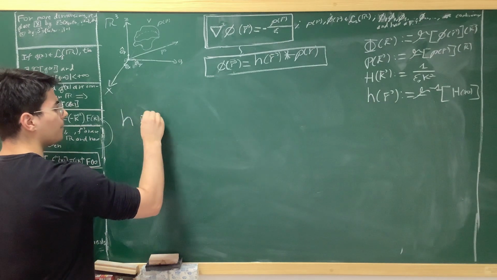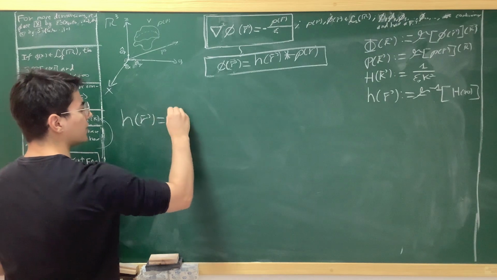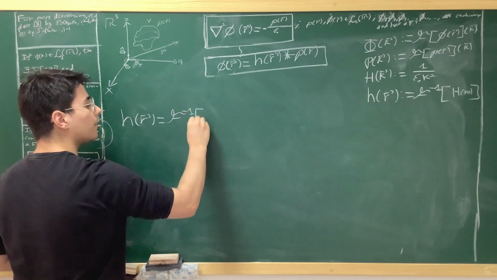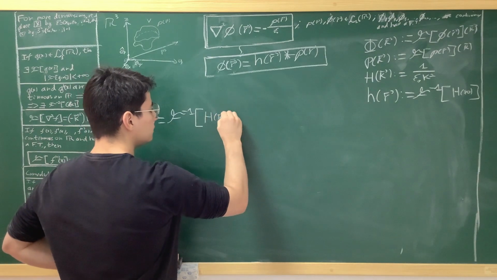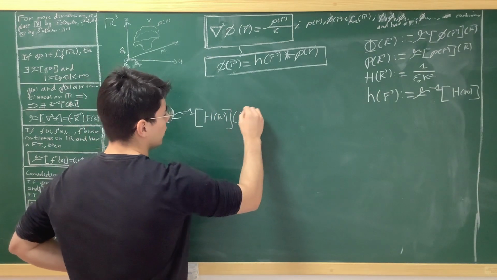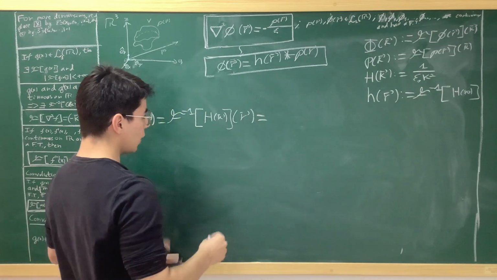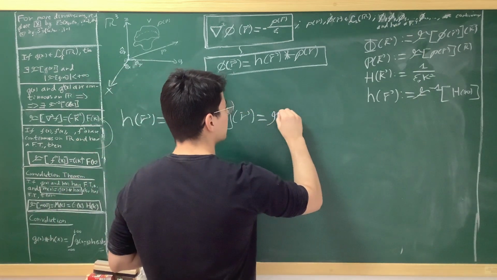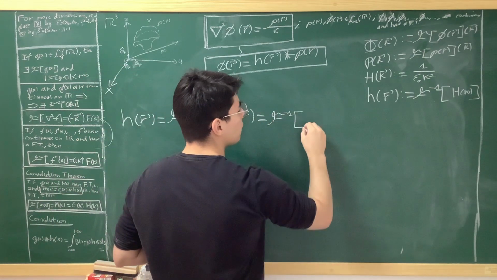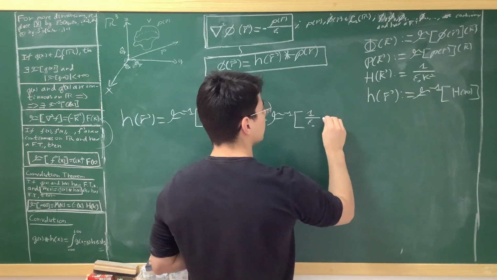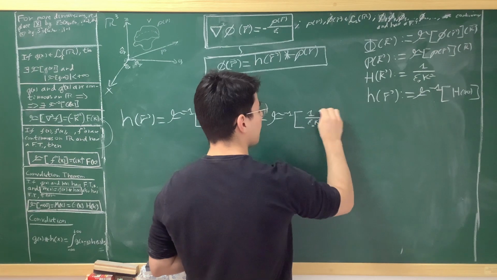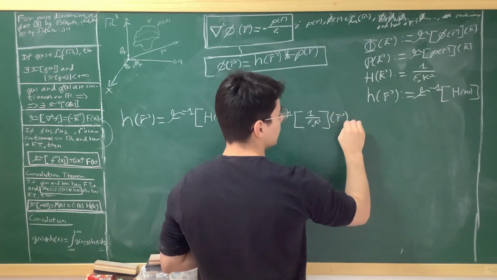H of r is the inverse Fourier transform of this function capital H of k, and it's a function of r. Well, let's just write this. This is just the inverse Fourier transform of, what is H? H is just 1 over epsilon naught k squared, which is a function of r.